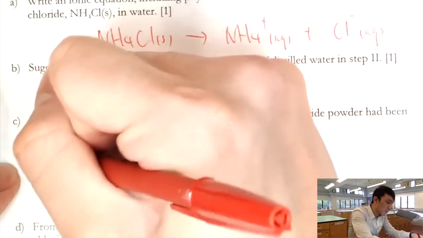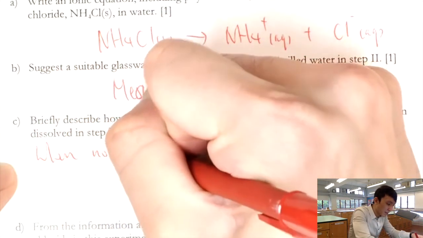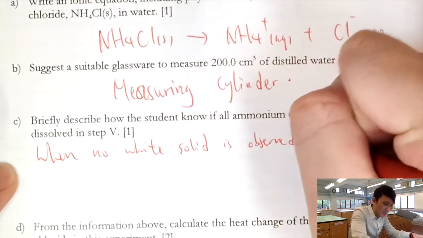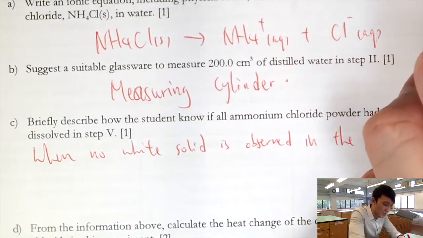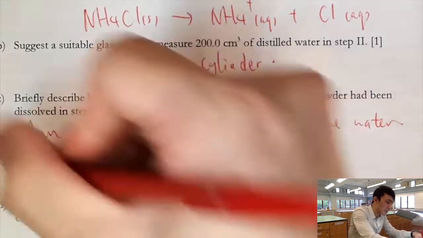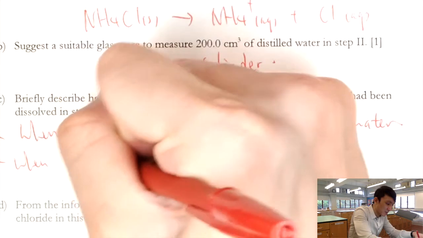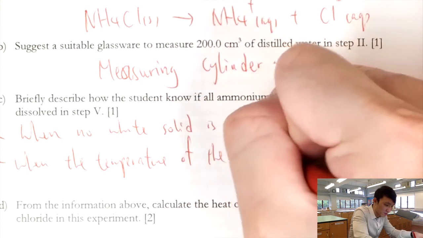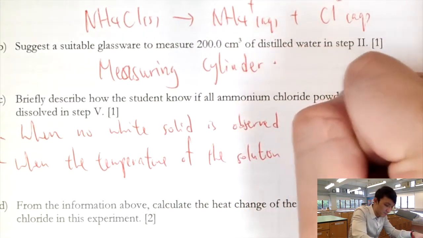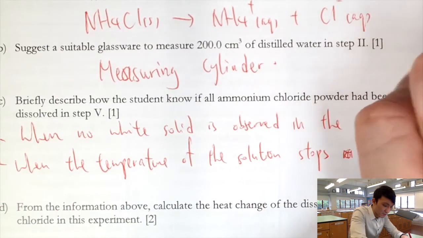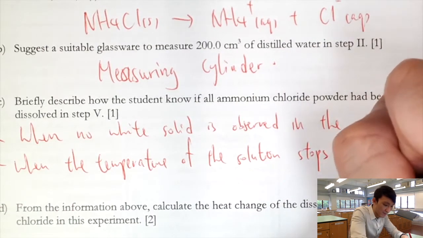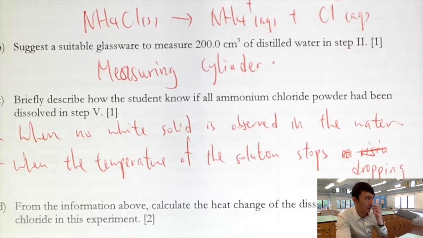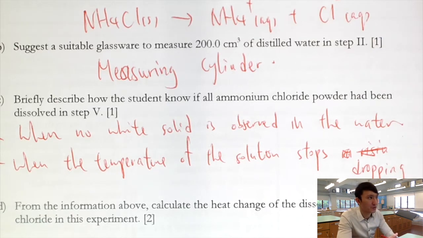So when no white solid is observed in the water. This is one way of doing this, or you can say when the temperature of the solution stops dropping. Because this time it is endothermic, so it should be dropping, right? So both methods would do.